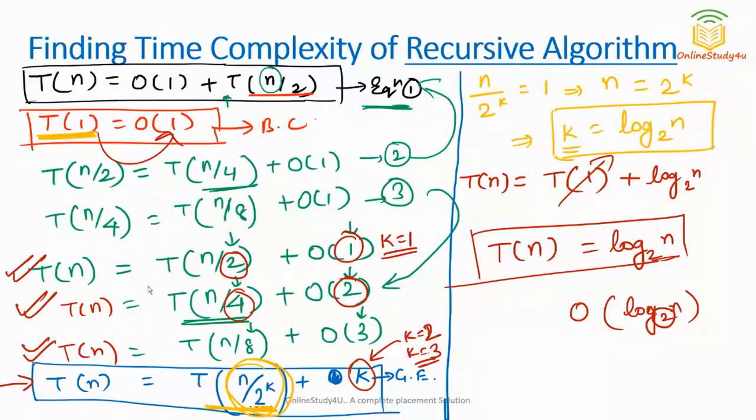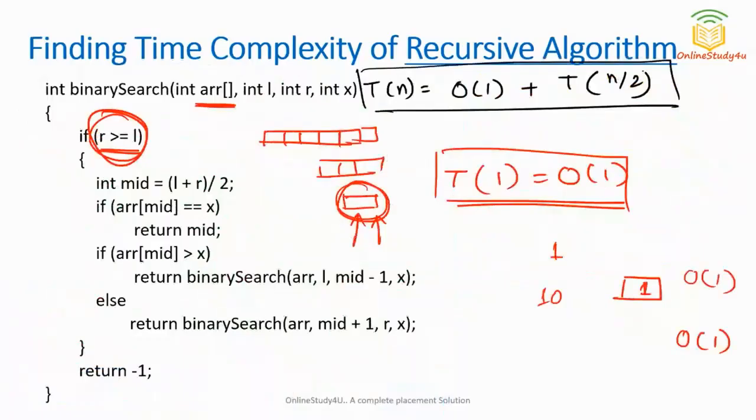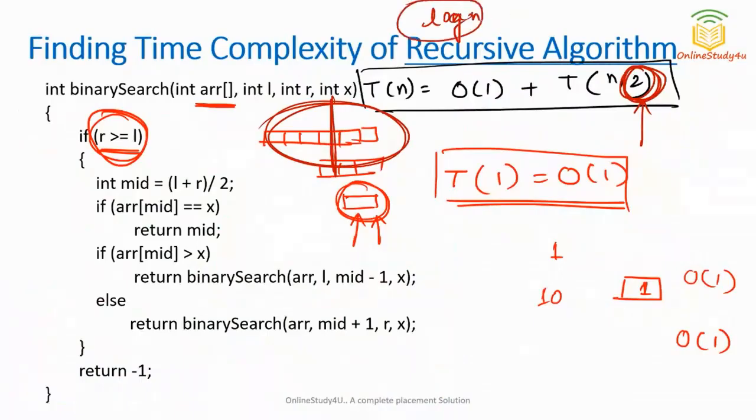Okay, I know this is the base. It is the base of a logarithmic expression. But from where did it come? If we go to the back part, you can see from here it was generated. It is because we are dividing our problem into half in every step. It is not that you can get log of n for recursive algorithms only.